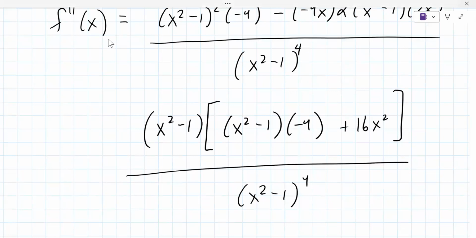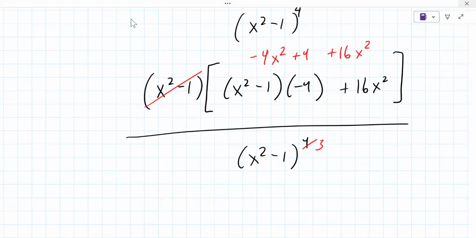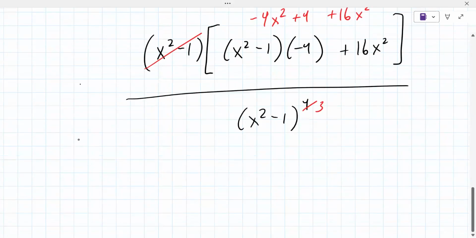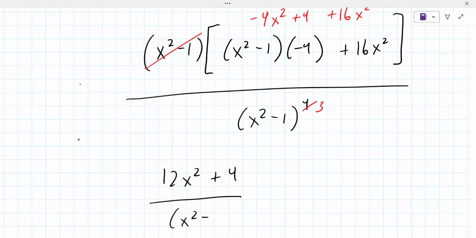So you can see that one of these cancels one of these to get you 3. This is minus 4x squared plus 4 plus 16x squared. So in the numerator, it ends up being 12x squared plus 4 over x squared minus 1 to the power of 3.